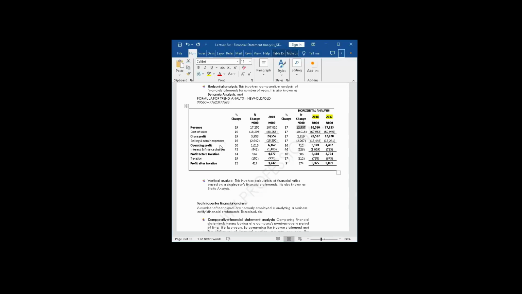Then this figure divided by 77,623 will give us 17%.